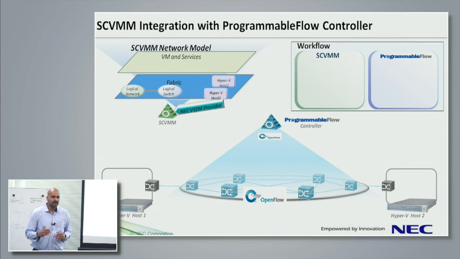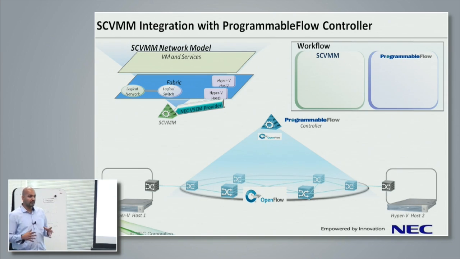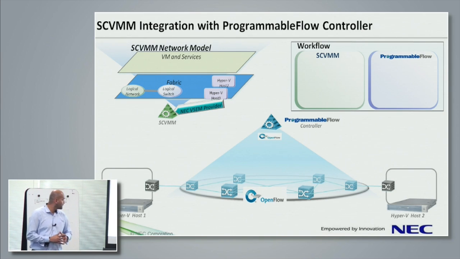PF1000 sits on each host, and the System Center manages all the hosts, while the controller manages the network. This way, network virtualization can also be part of server virtualization, giving you an added benefit of managing the networks from a single point.